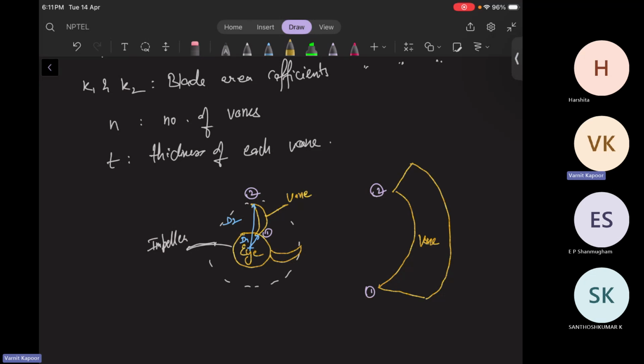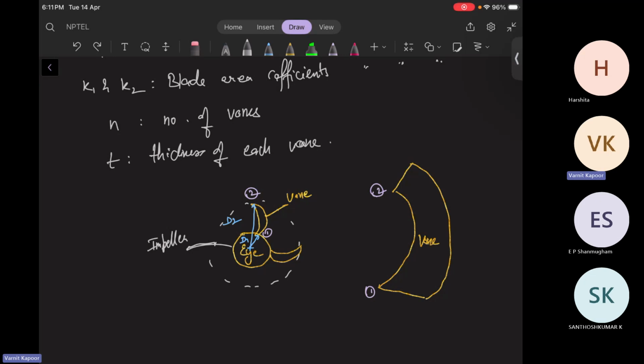Okay, so water entered from the eye of the impeller and it transferred radially, along this radius. Water transferred along this radius, or air, whatever you are compressing. So B1 and B2 are the width of the impeller.